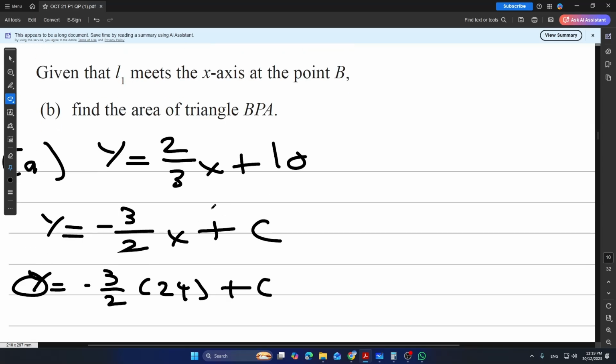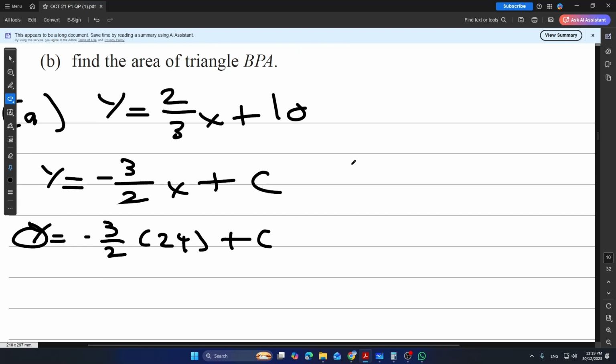Okay. So we can put this in the calculator, and minus 3 over 2 times 24 equals minus 36. And we want to make c the subject, so c equals 36.